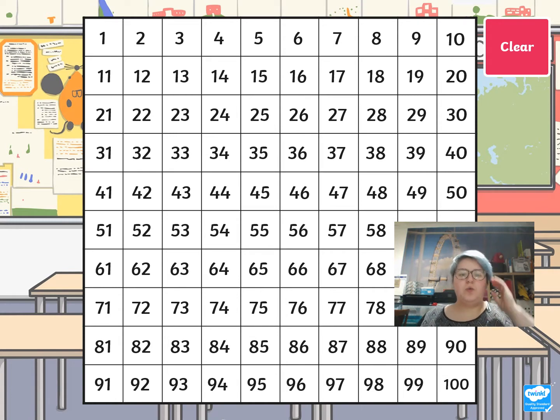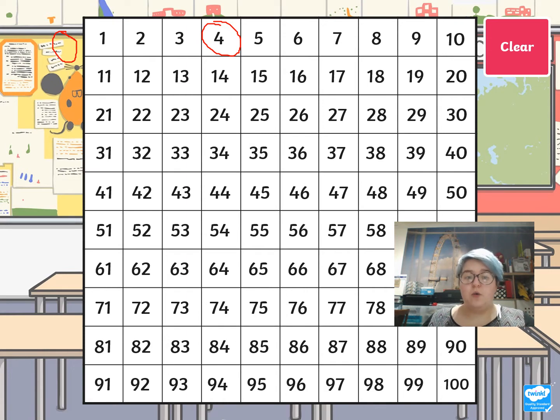Okay, so when we're counting up we start with 0. So we start on 0, okay, and then if we're doing multiples of 4, we count up in 4s. So we're 0, 1, 2, 3, 4. So we're giving 4 a little circle, okay.